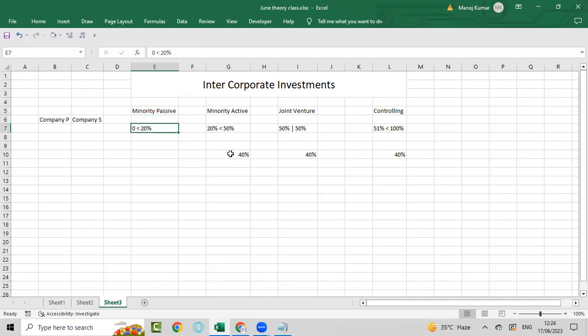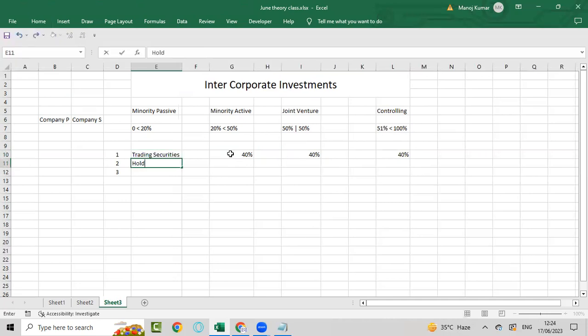Right? Now, let's talk about this. It is very simple to understand. This can be divided into 3 categories. What are those? First is trading security. Second is hold to maturity. Third is available for sale security. Now, minority passive can be further divided into 3 categories.